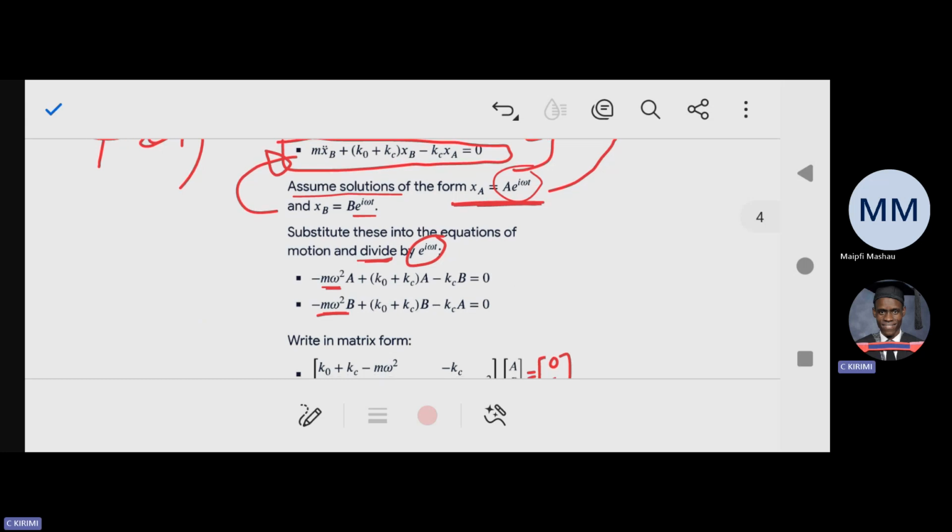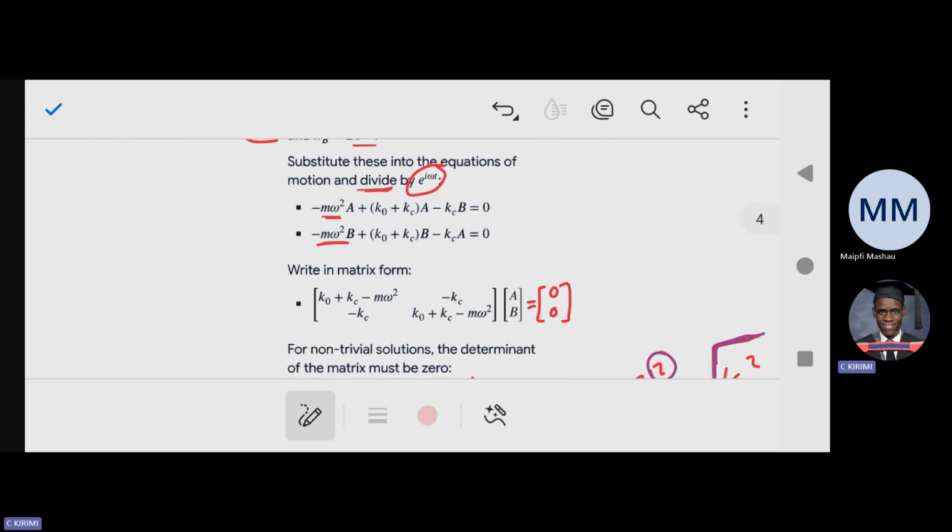So the first term that is being multiplied by A is this one. If you factor out A on this term, what are you left with? We're going to have negative M omega squared, the A that is factored out is this one in terms of the matrix. So if you factor out A, what are you left with?